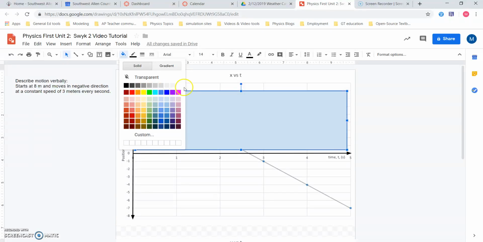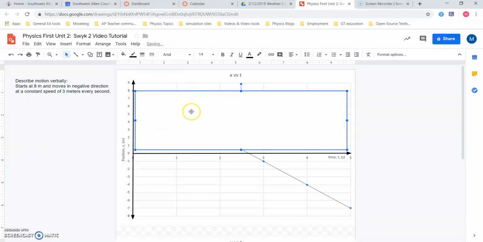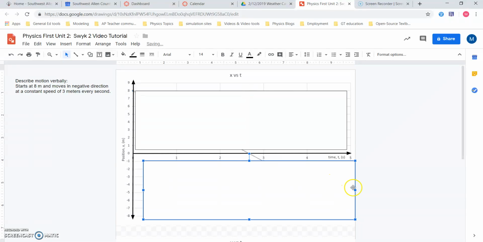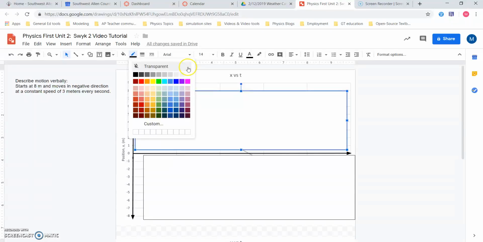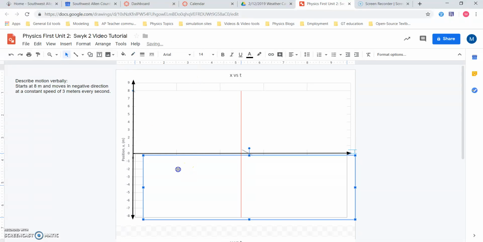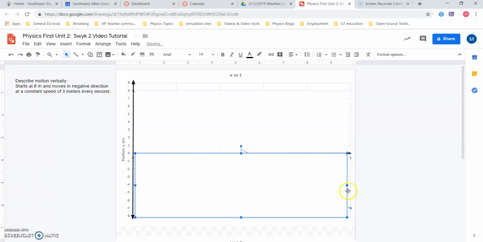Great. So let's say we have some kind of graph that looks like this.